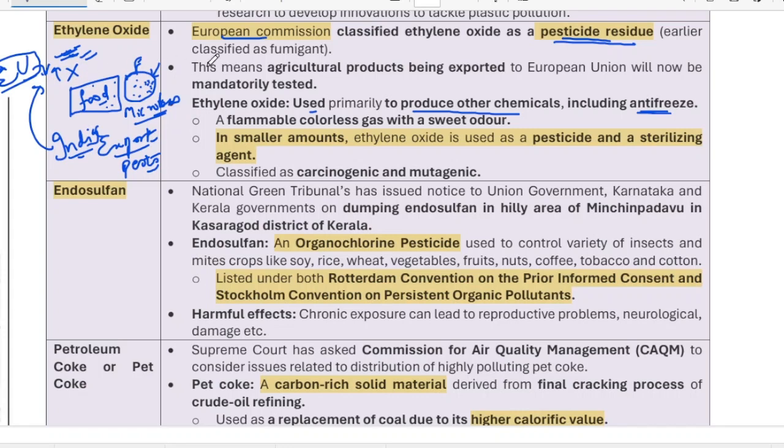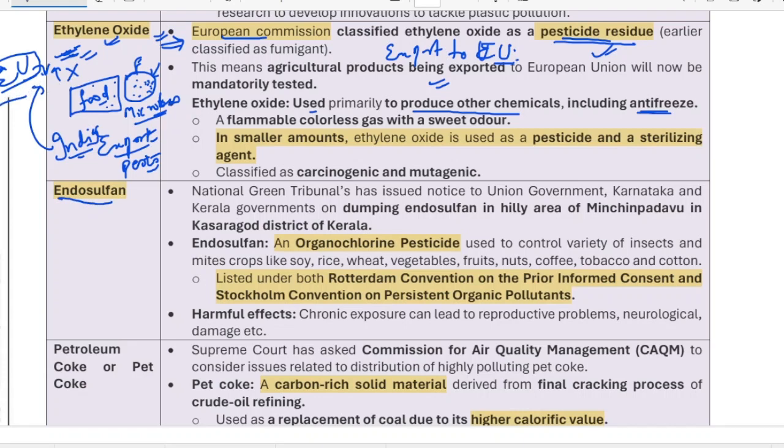This becomes important because India also exports a large amount of food to the European Union, and this declaration as pesticide residue will affect our export to the European Union. So you must remember what ethylene oxide is, why it is being used, and why it is in the news. Only this much information is important.